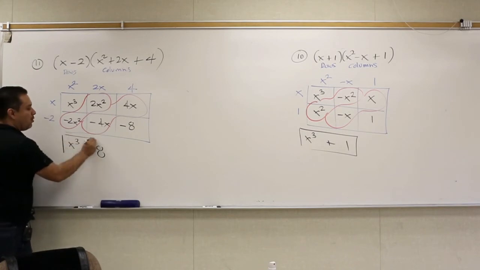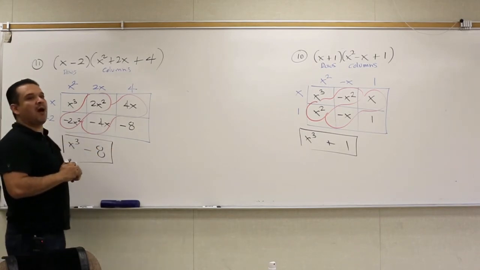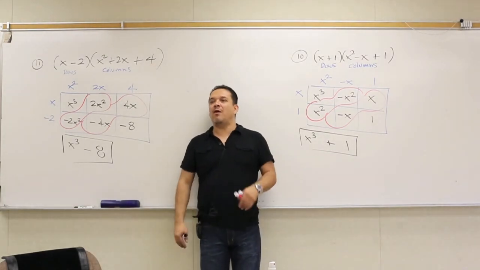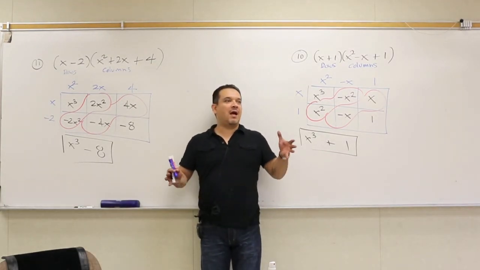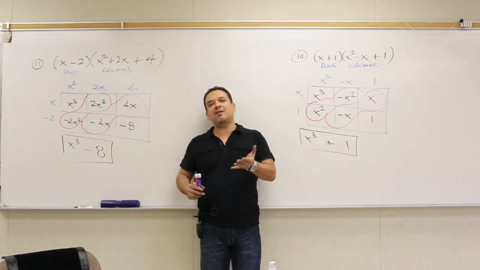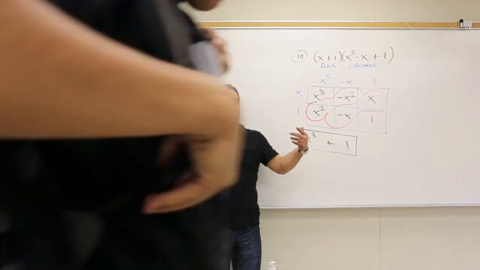What I wanted to show you guys is that there's a couple of situations in which these are not FOIL. Because FOIL applies to only first, outer, inner, last. But there's some analogous situations happening here.